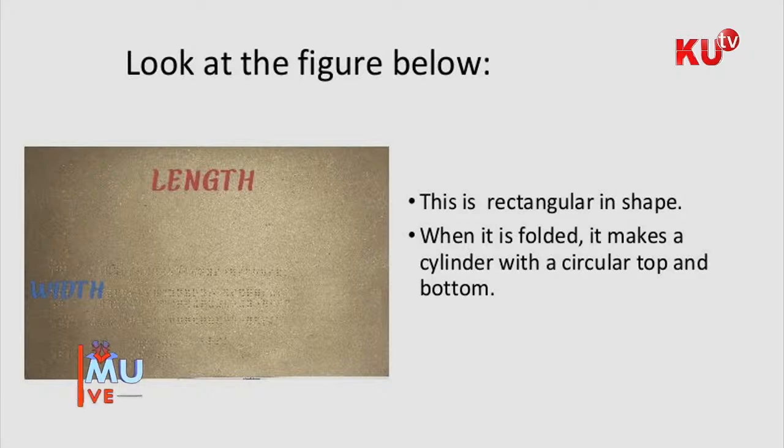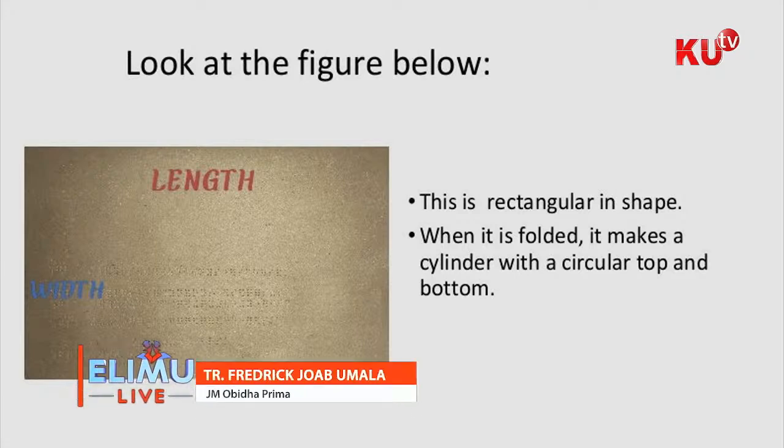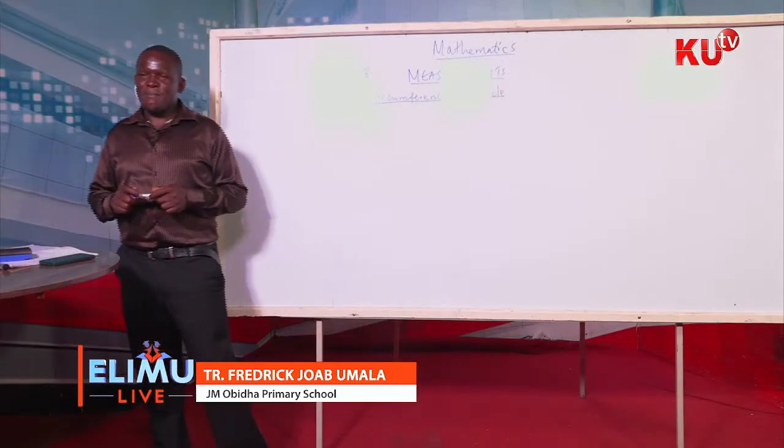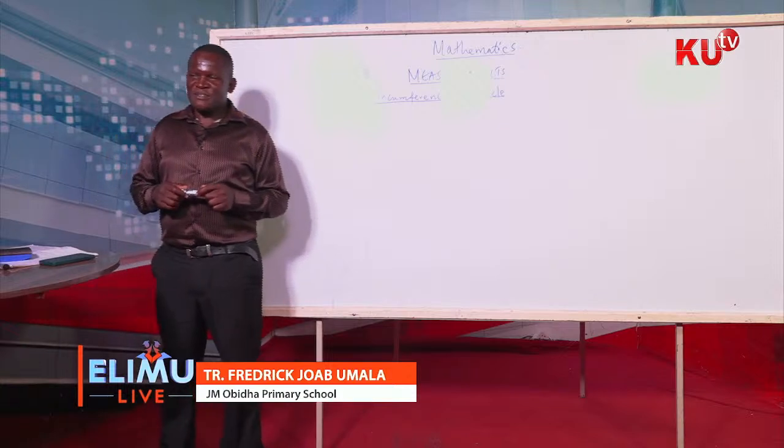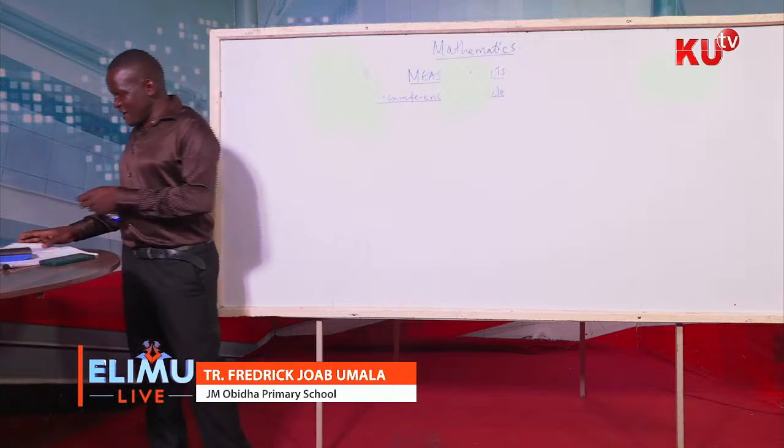When the rectangle is folded, it makes a cylinder, and the cylinder will have a circular top and also a circular bottom.